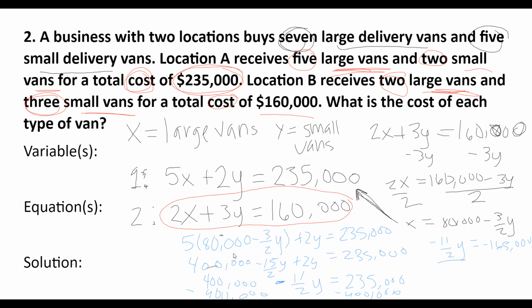So then you're going to divide both sides by negative 11 over 2. And y will equal 60 over 11. Oh, I'm so sorry. That is wrong.